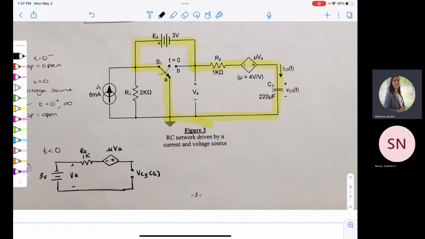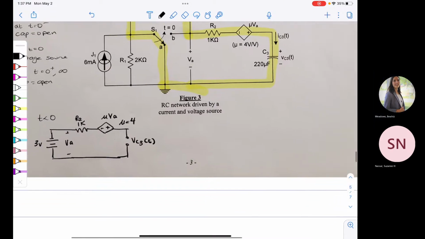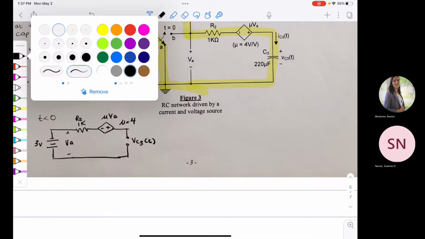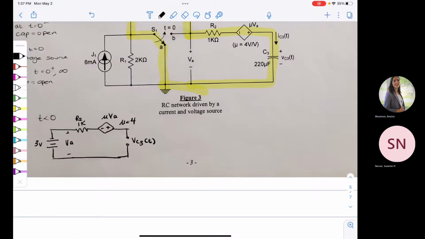Okay. All right. So how would we find our VC3 right now? Nodal analysis.